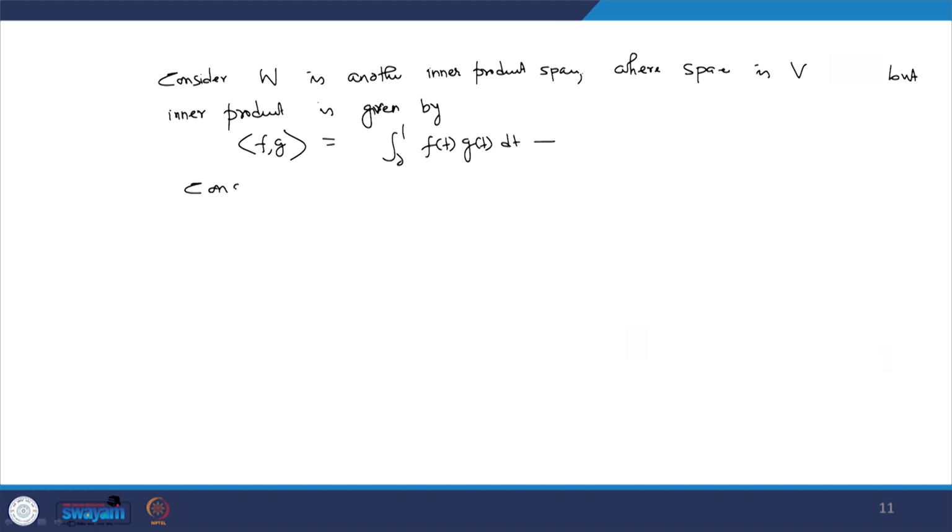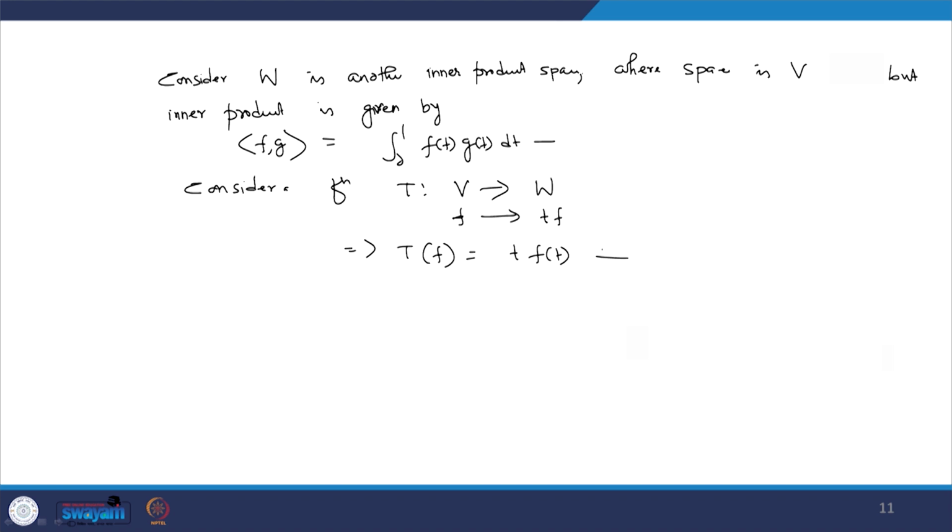Consider a function T from V to W defined by f goes to t times f. This implies that T of f equal to t times f(t). So, this is the definition.